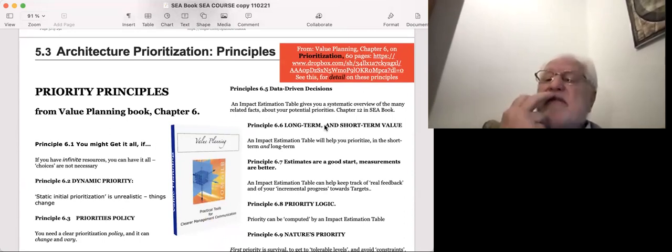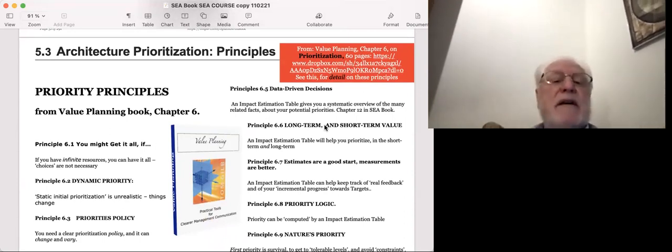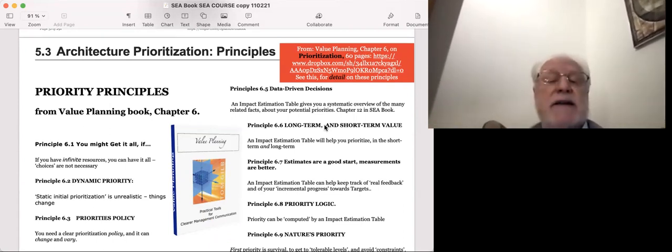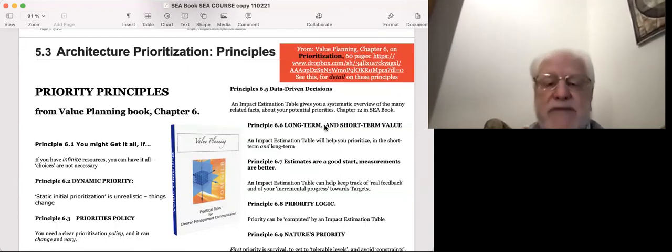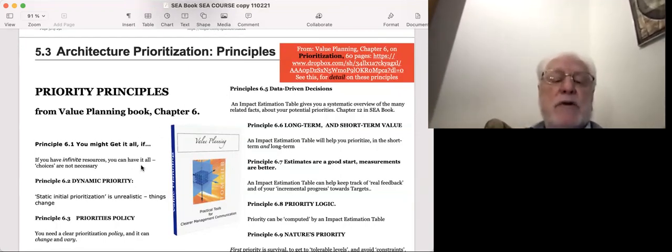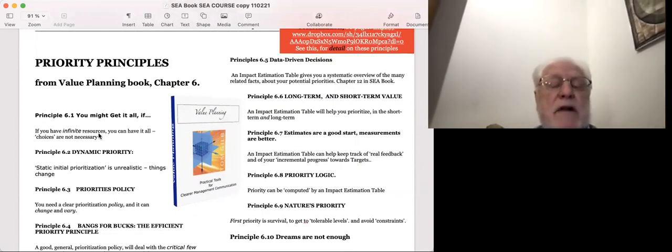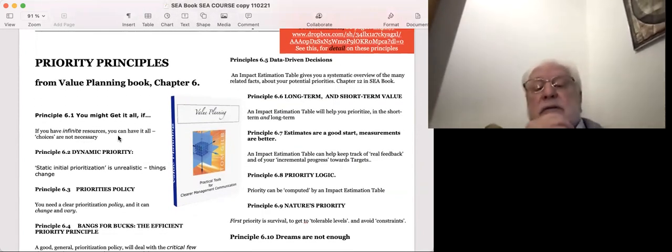Okay, so here are some fundamental principles of architecture prioritization. Principles are guidelines, my advice, if you like, and short and summarized advice to guide us into making intelligent prioritization methods, policies, and finally, decisions. Principle number one is a very general principle.